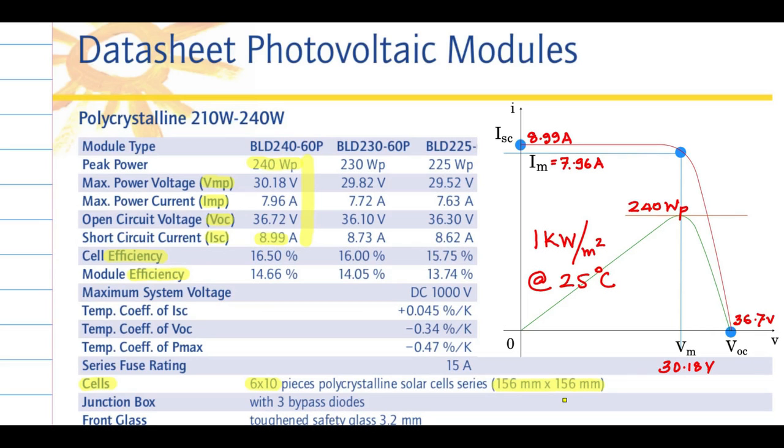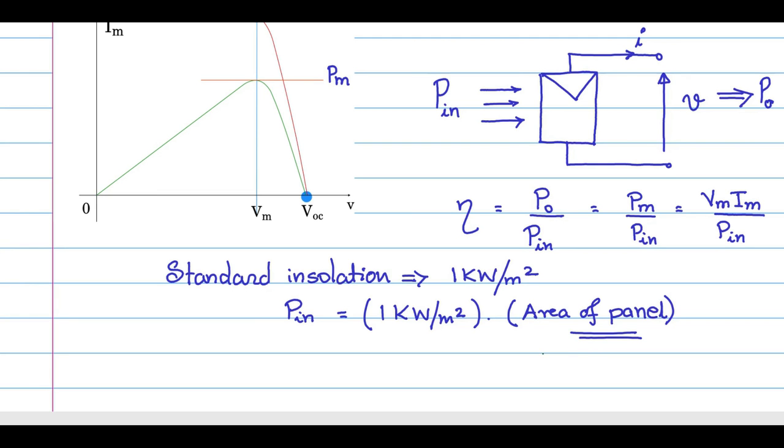So you see that the area of the panel is 60 numbers of the cells, each having 156 mm into 156 mm area. Let us convert them to meters. So it is 60 into 0.156 into 0.156 meter square.